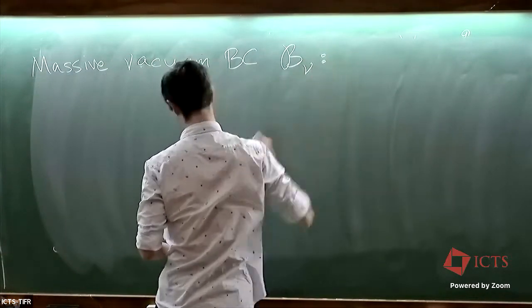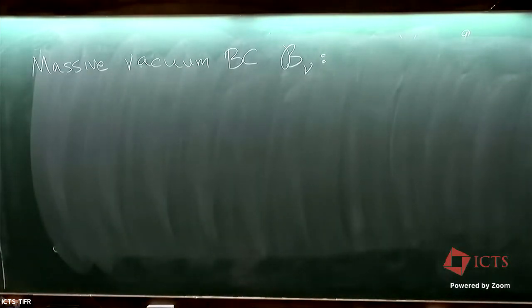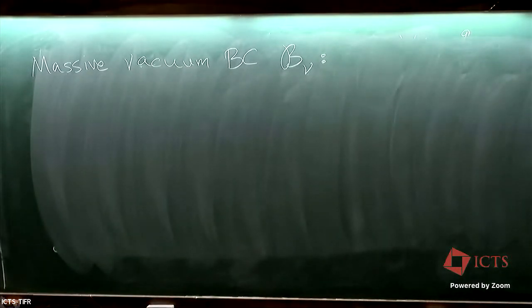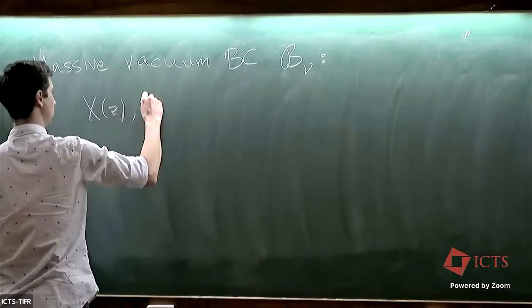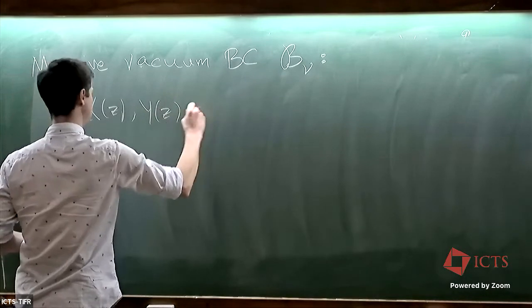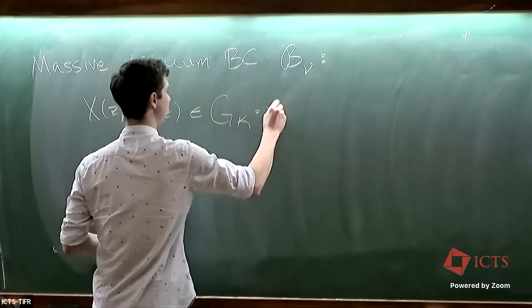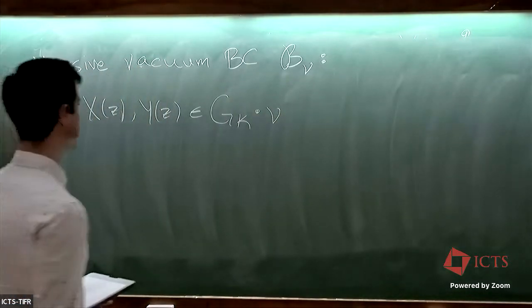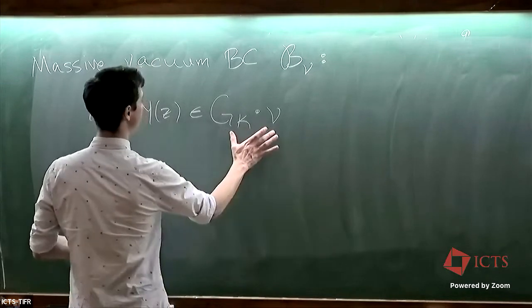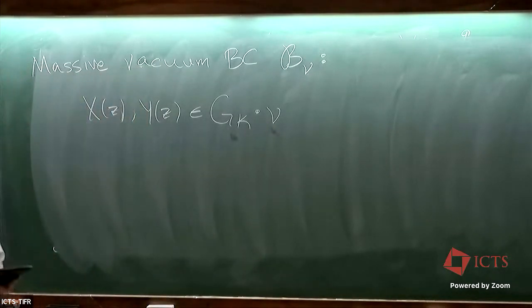All this says is that I need to require these holomorphic sections X and Y to belong to the G sub K orbit of my element nu. So what this says is that they approach nu, at least up to gauge transformations, away from z equals 0.